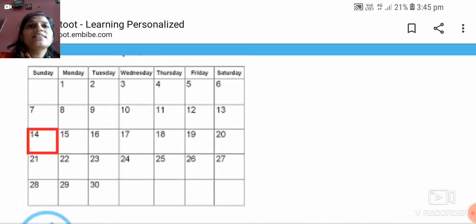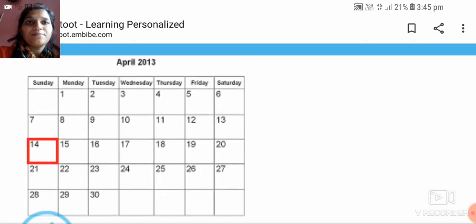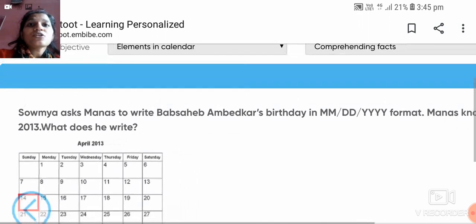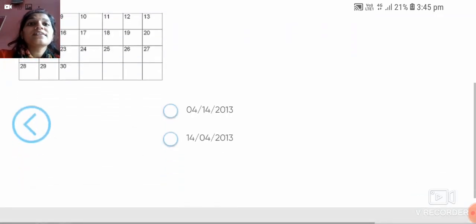The month is April, the year is 2013 and the date is in the red box, that is 14th. That means 14th April we celebrate as Dr. Baba Saheb Ambedkar's birthday.